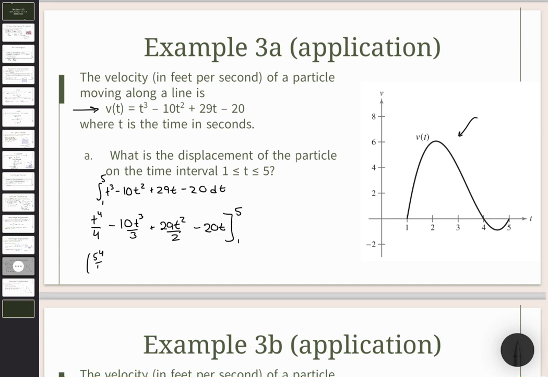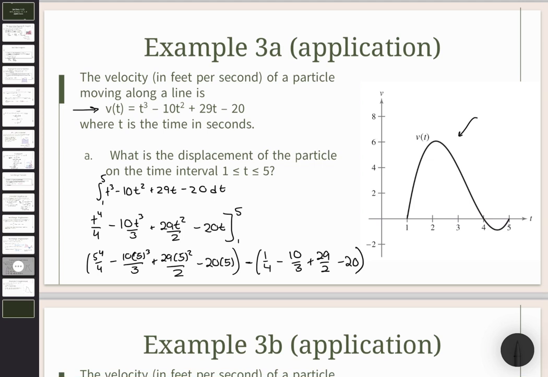So 5 to the 4th over 4 minus 10 times 5 to the 3rd over 3 plus 29 times 5 squared over 2 minus 20 times 5, minus, when I plug in 1 over here, 1 to the 4th is just going to be 1, so 1/4 minus 10 thirds plus 29 over 2 minus 20.